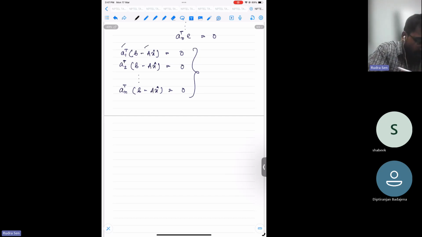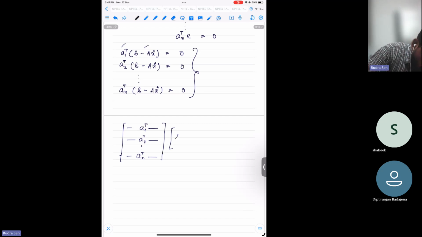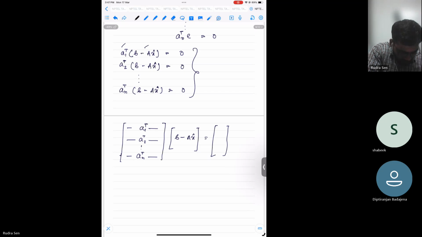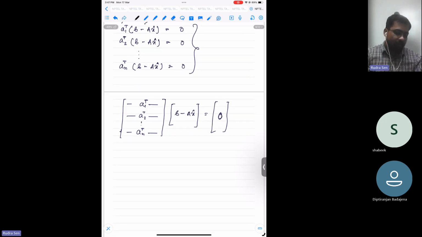How? a1 transpose, which is a row vector, a2 transpose, which is a row vector, up to an transpose, which is a row vector, multiplied with only a single vector, which is b minus A x hat, which gives a zero vector.